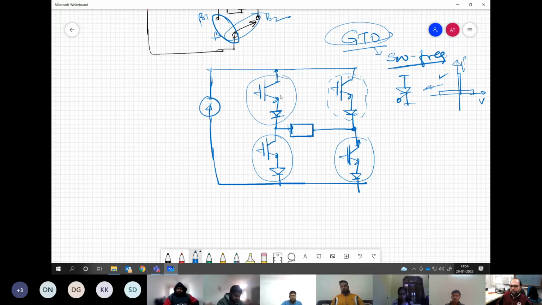IGBT gives a lot of flexibility, and that is why most of the industrial applications are moving towards high power IGBTs. Whichever was earlier working on GTO or thyristor based technologies has slowly shifted to IGBT. Correct?